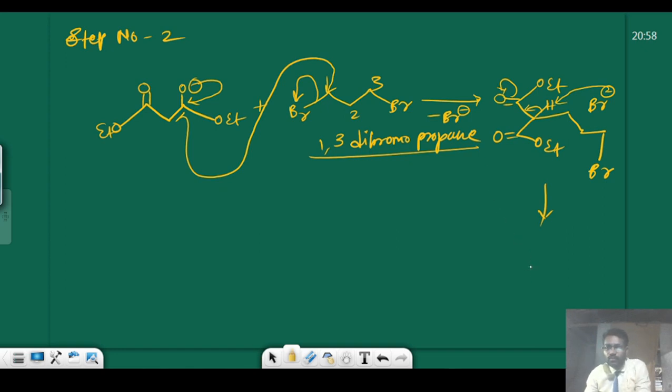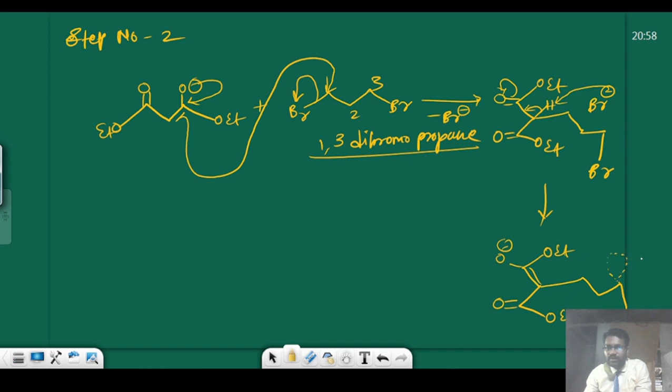So now this is our enolate anion system, O minus, OEt, C double bond O, OEt. Again it will attack within the molecule.